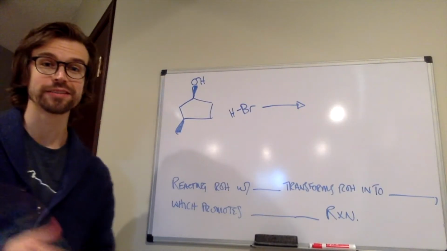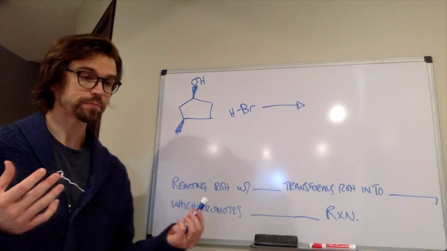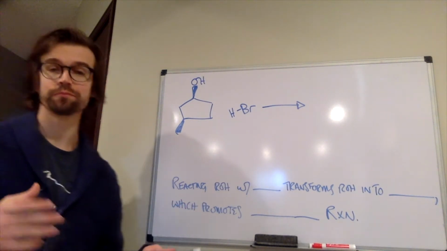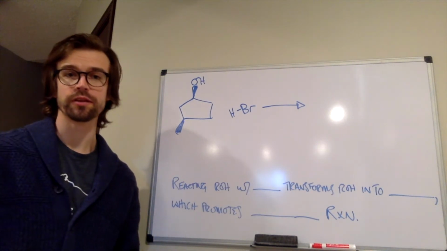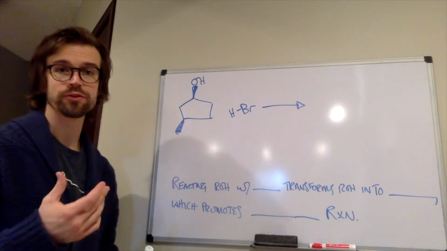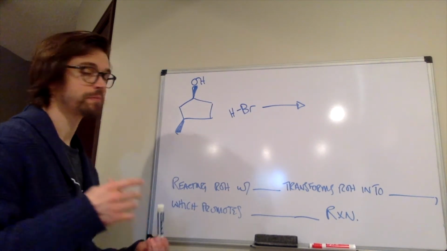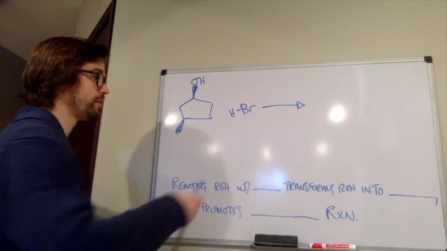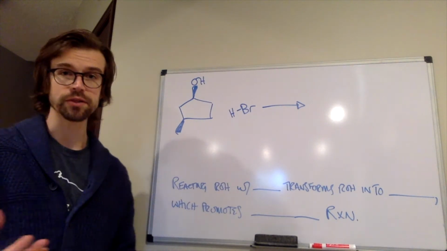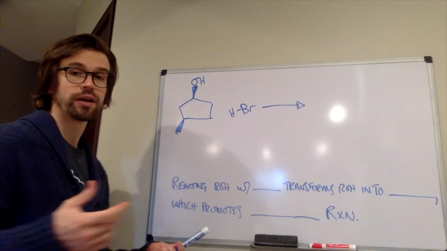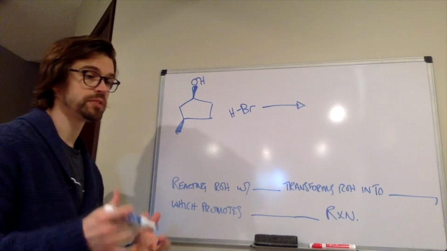All right, we're back. When we treat alcohols, they're not a good leaving group by themselves. How did we make them into a good leaving group with elimination? We protonated them with sulfuric acid. What if we have a different acid like HBr? HBr is actually an even stronger acid than sulfuric acid, so it's going to result in the same type of chemistry.